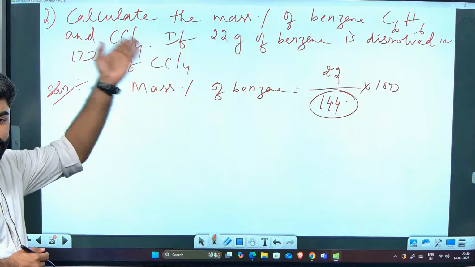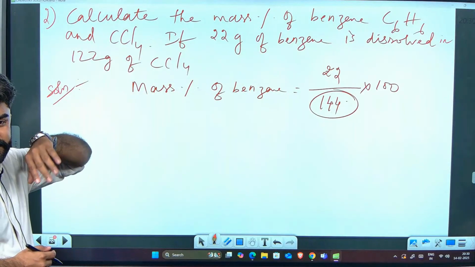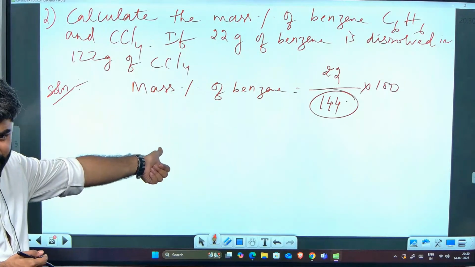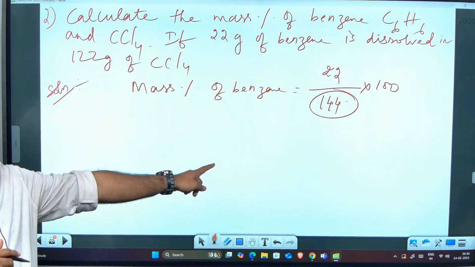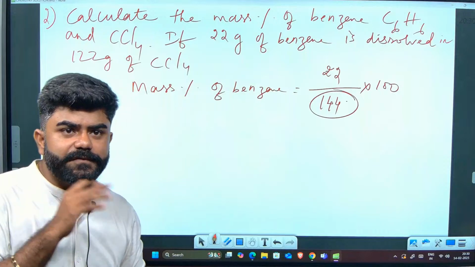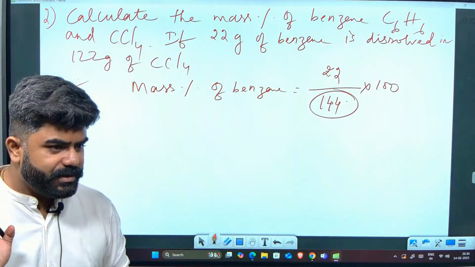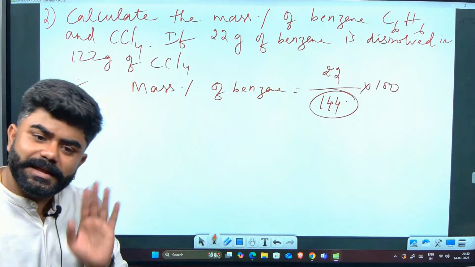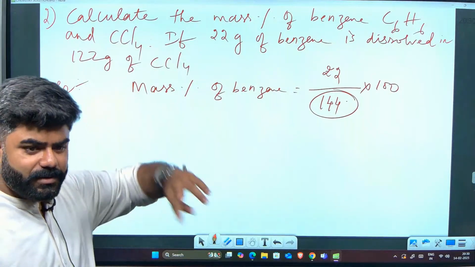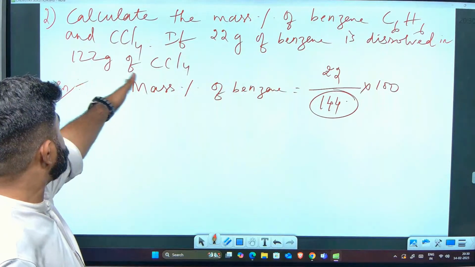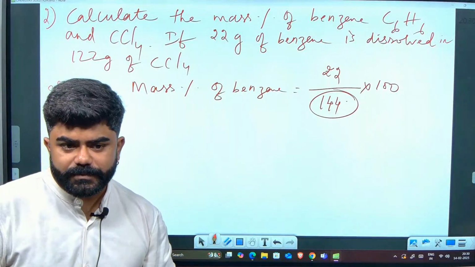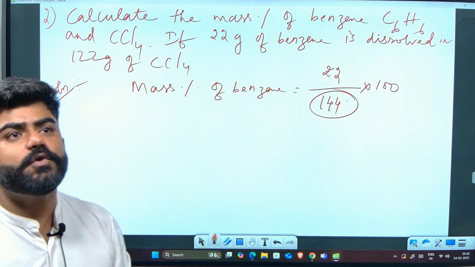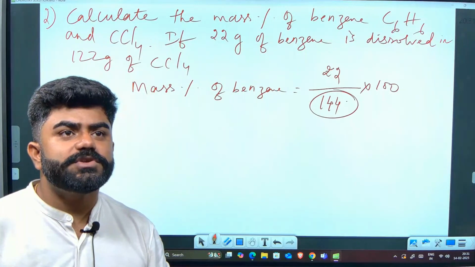For CCl4, 100 minus this value gives the percentage of CCl4, that is the easiest way. Otherwise you can use the same step: 122 divided by 144 into 100. Understood, all of you? Shall we go to the next question?